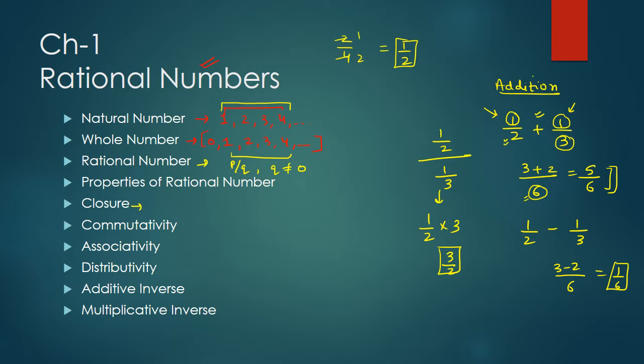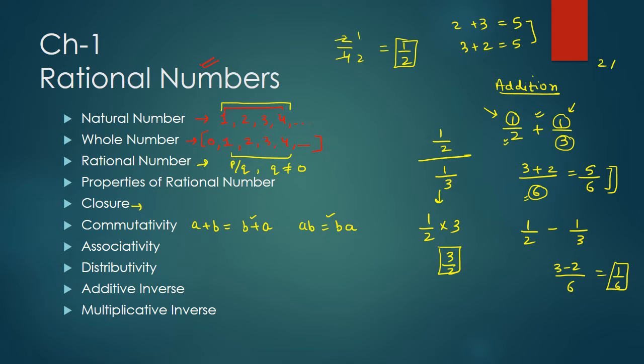If we talk about commutativity, it means order doesn't matter as far as addition and multiplication of rational numbers is concerned. So what does it mean? Let's say I'm adding 2 and 3. We get 5. And if I change the order, 3 plus 2, it is also 5. So the result is the same. So addition is commutative, multiplication is also commutative.